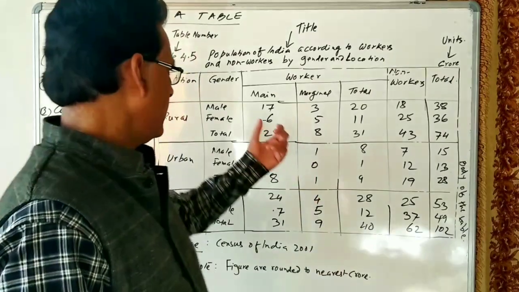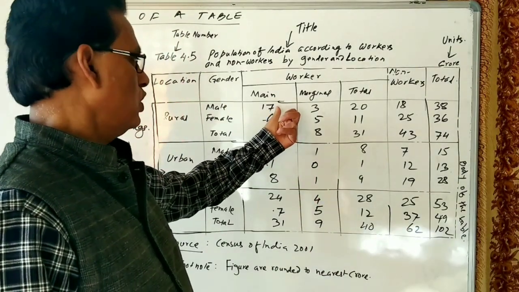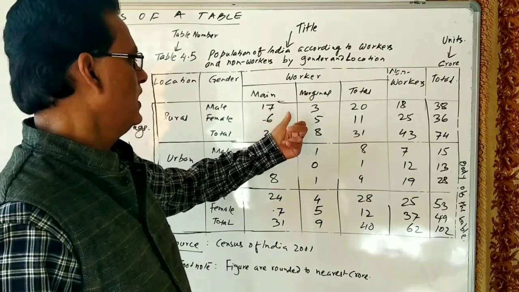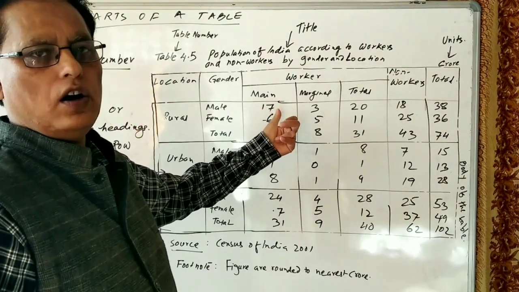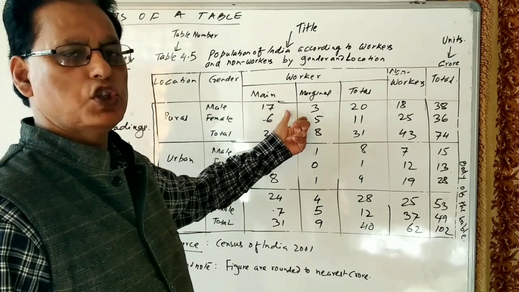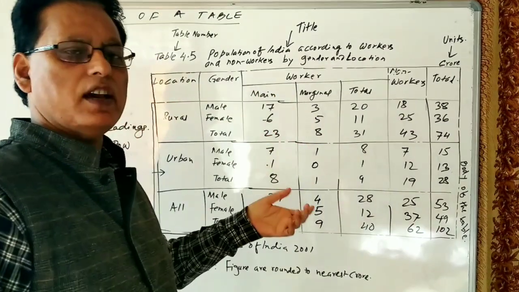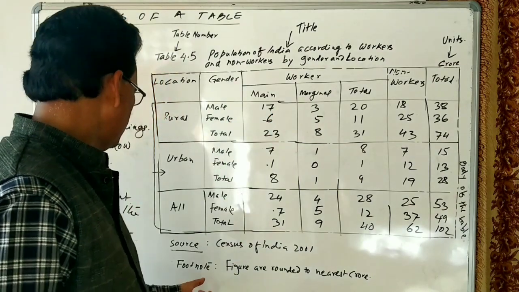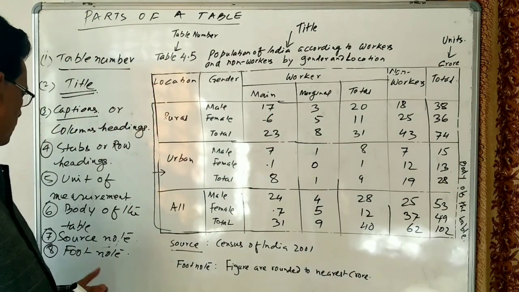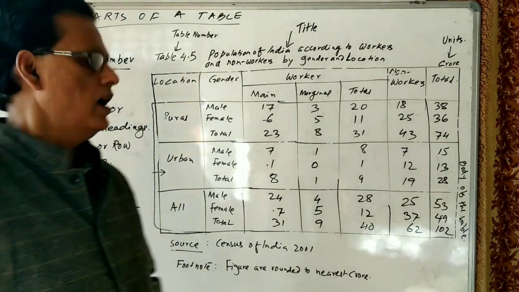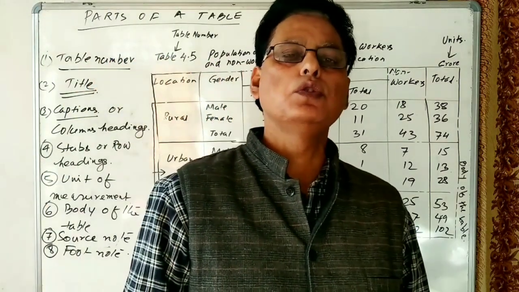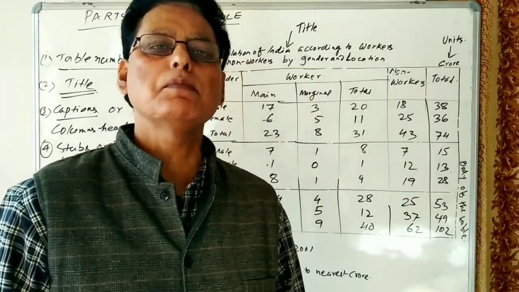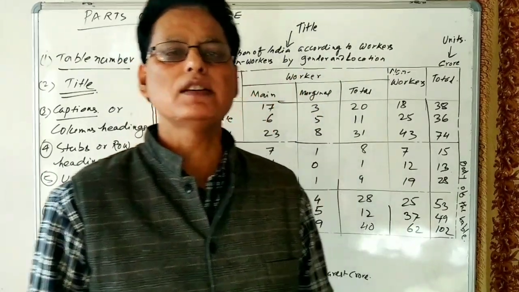So if suppose here it is given 17, it is not exactly 17, it may be 16.9, or it may be 17.01, but it has been taken in the rounded figure, and this is given in the footnote. So footnote explains the figures are rounded to the nearest number, whether it is crore or thousand or lakhs or millions or trillions or billions, etc.